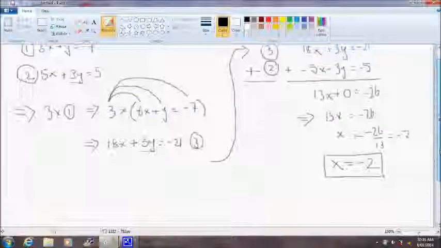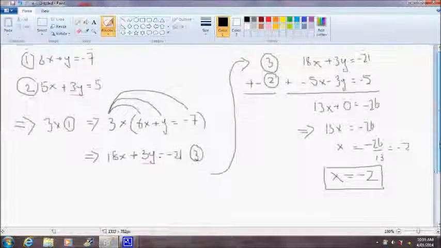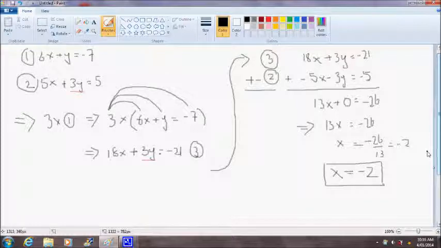And now that we've found the solution to x, we can find the solution to y by subbing it back into either of our original equations. Let's sub x equals negative 2 into equation 1.